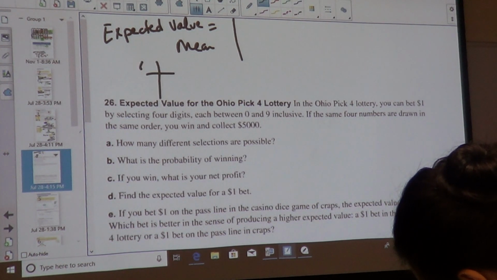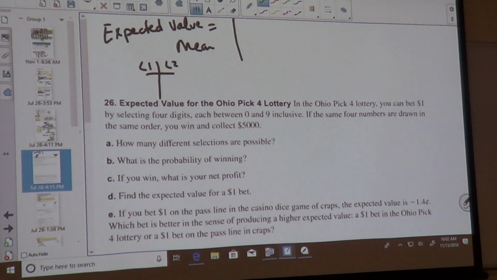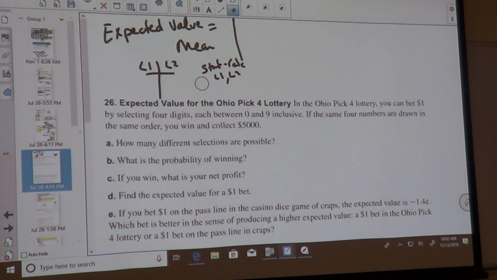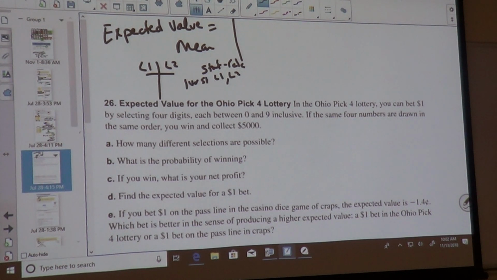You're going to do the L1, the L2, stat calc of L1, L2, one var stats, and you're going to look at the X bar, and that's going to be your expected value. We cool? So if you want to do it that way, it always works.